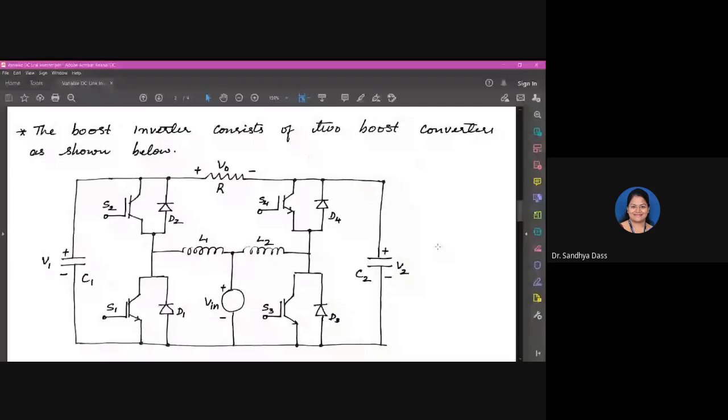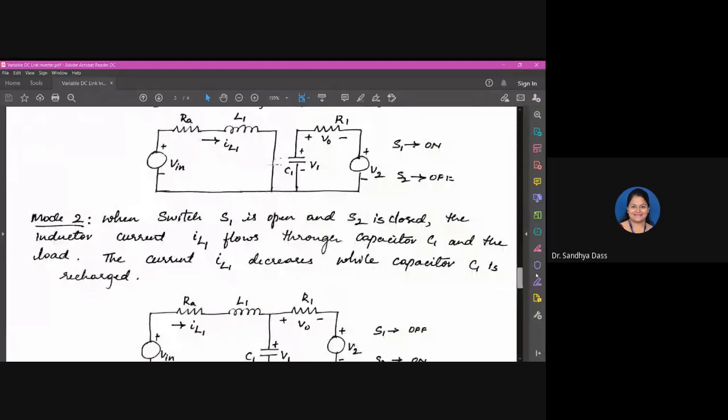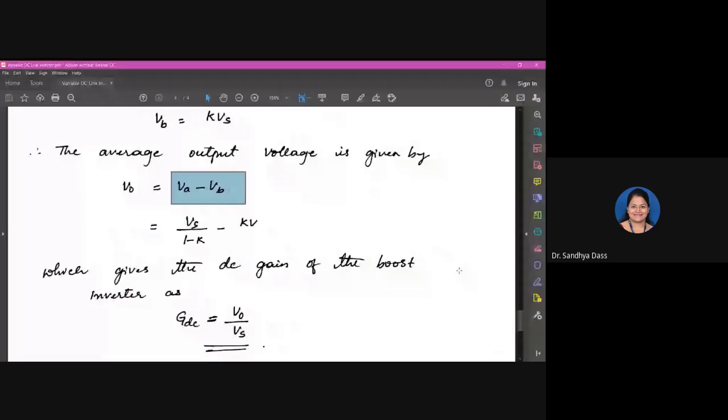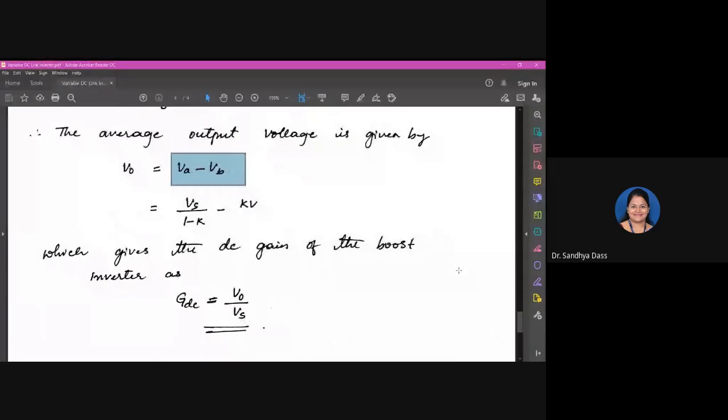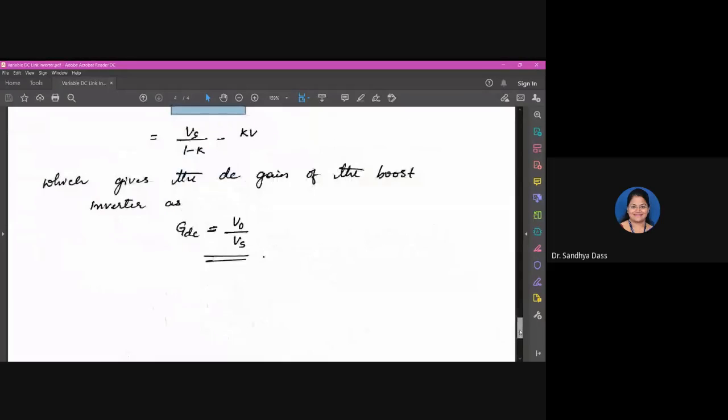Okay, so the output you will be observing at the output of the inverter will be the difference of the two converters, VA minus VB, which will obviously give the gain of the boost inverter. So this is the basic principle of the variable DC link inverter.